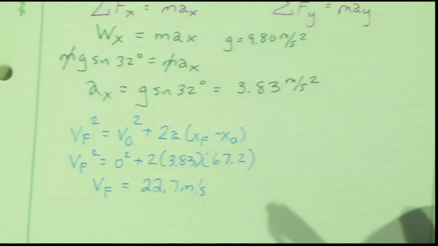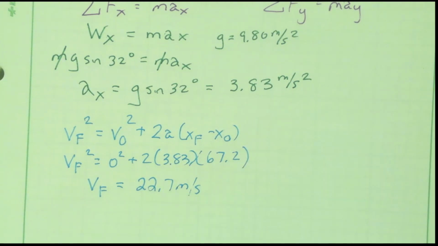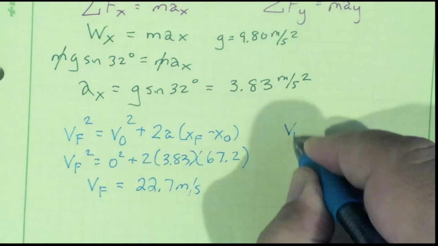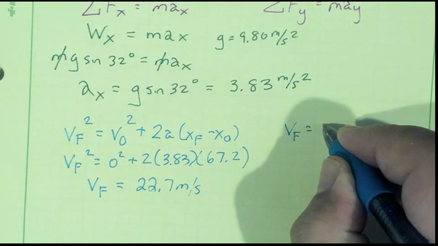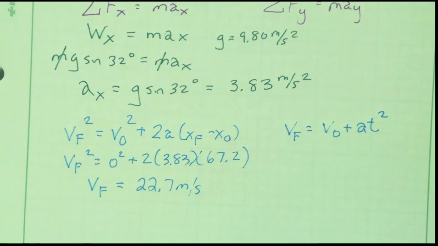And then we have the follow-up question: how long does it take her to get down the slope? We have some options here, but probably the simplest is to just use the first kinematics equation. There we go.